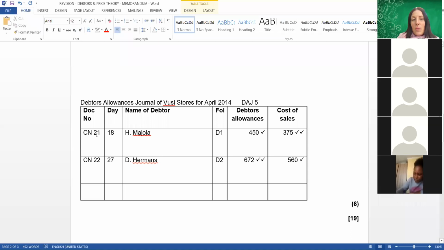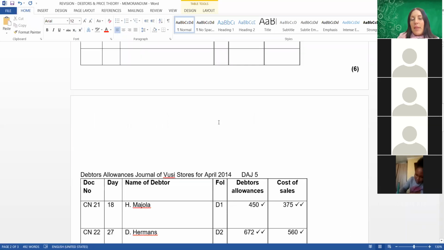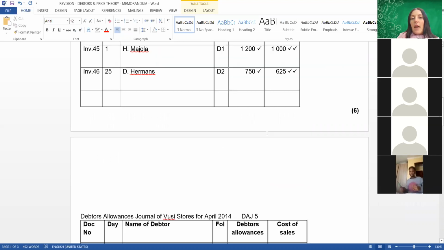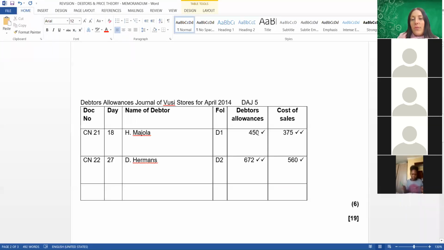So credit note 21, H. Majola, you must use the same folio number that you've used in your DJ. Debtors allowances 450. Remember that is basically replacing my sales column. And cost of sales you work out with the cost of sales transaction formula, 375.